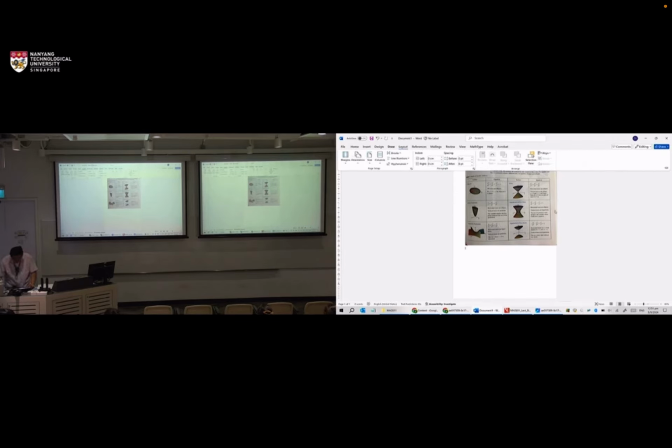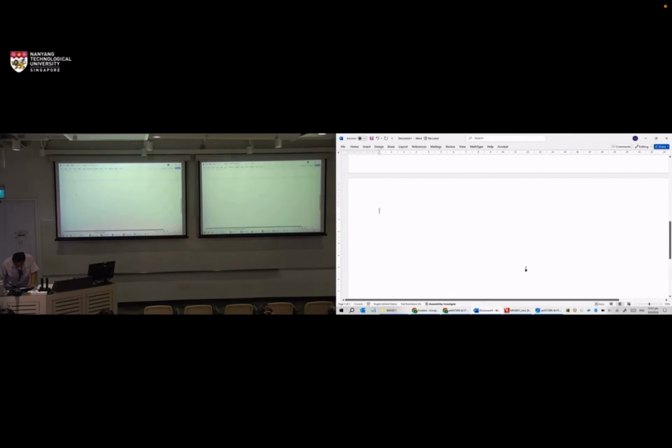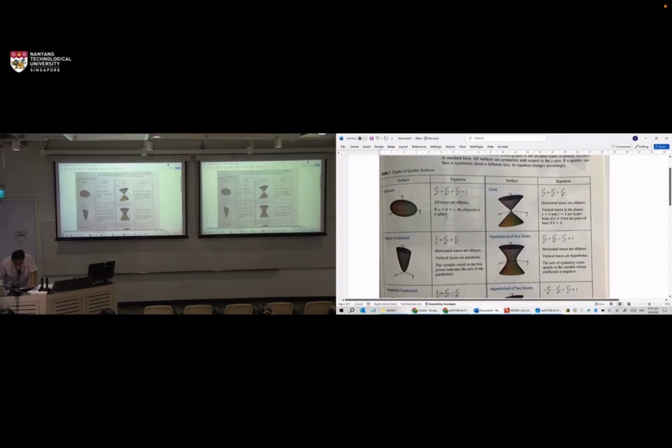So you can see all the diagrams over here. The ellipsoid is here. The a, b, c show the extent of how much it is being pulled.